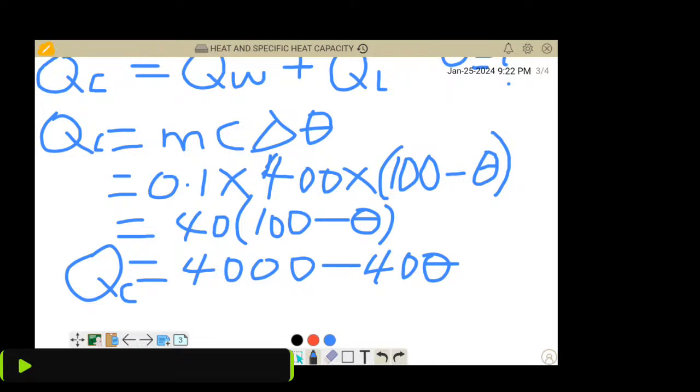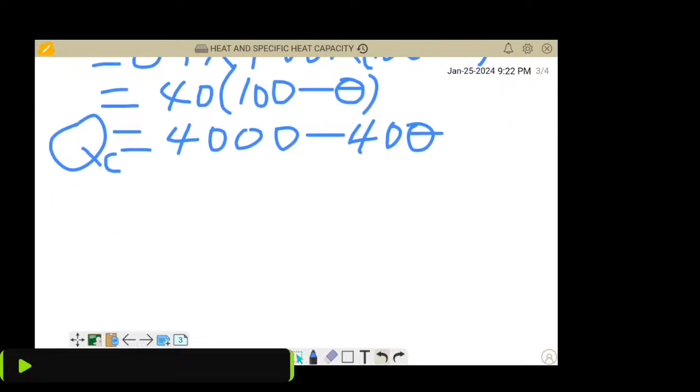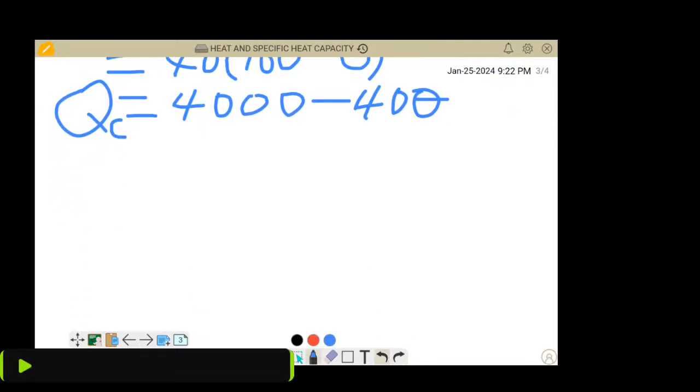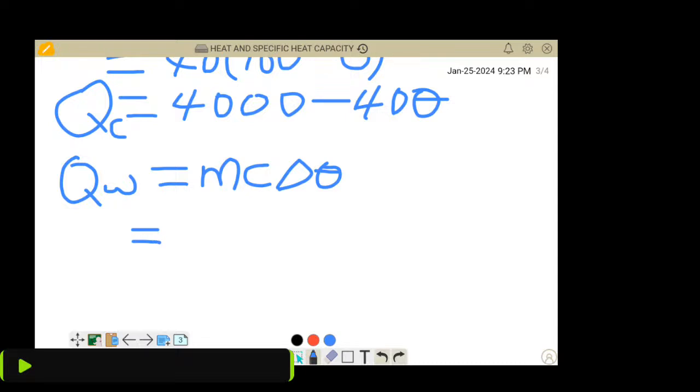The copper metal drops into the calorimeter of water. Now let's check heat gain by water. Let's call that one QW. Still using the same formula, MC delta theta. The mass of water is 0.2.